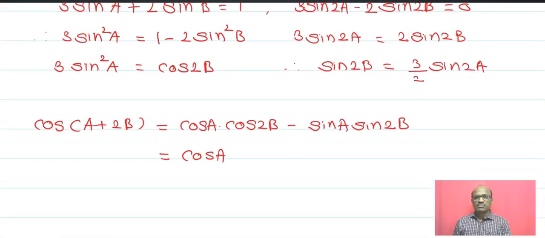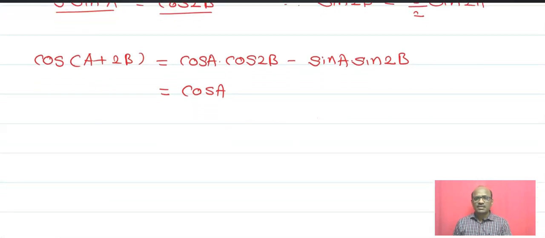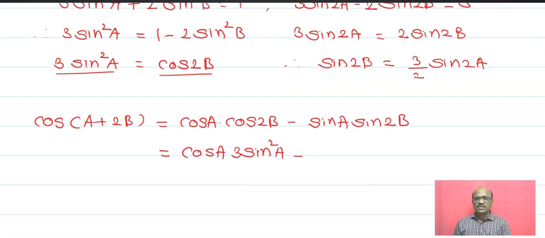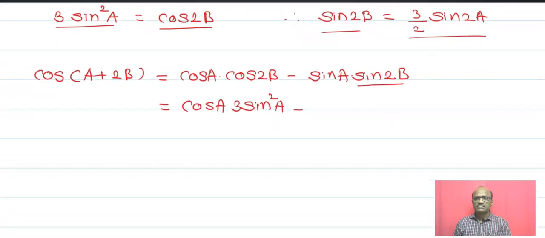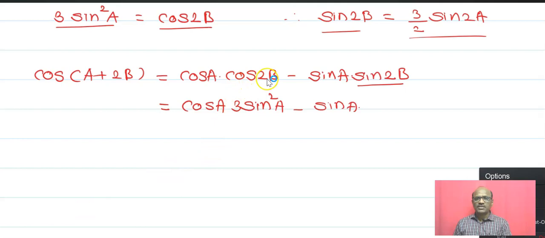That is cos A, and cos 2B is nothing but 3 sin²A. Next, sin A is as it is, and sin 2B is nothing but 3 by 2 sin 2A.